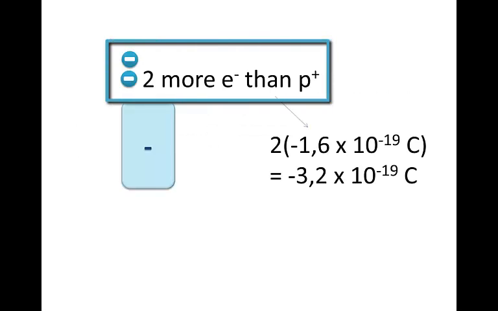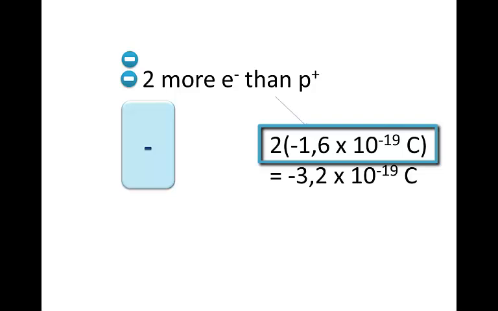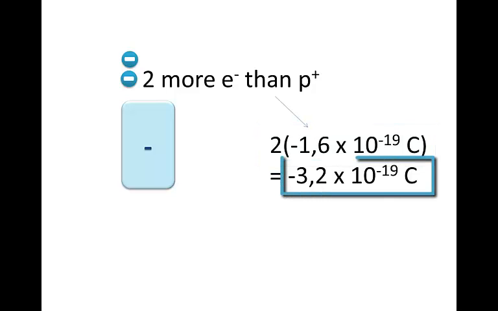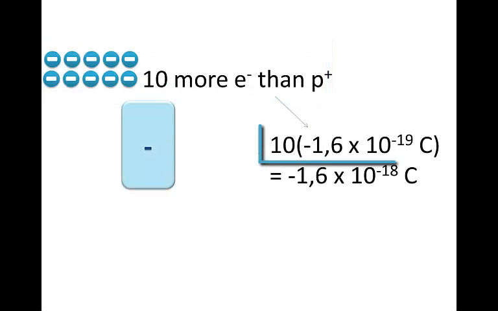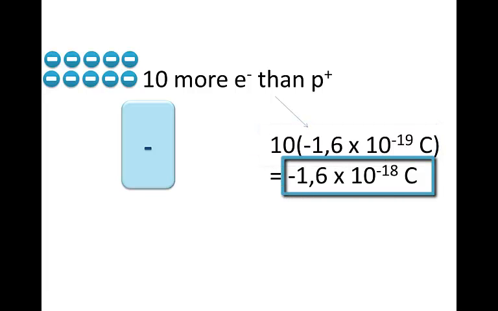An object might have 2 more electrons than protons. Then its charge is double that of an electron, minus 3,2 times 10 to the power minus 19 coulombs. If it has 10 more electrons than protons, well then its charge will be 10 times that of a single electron, and so on.